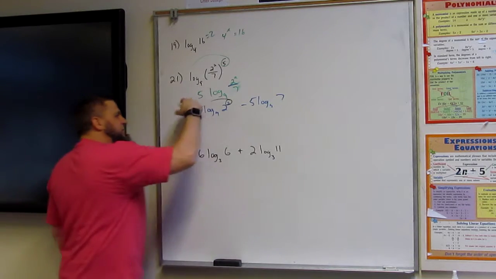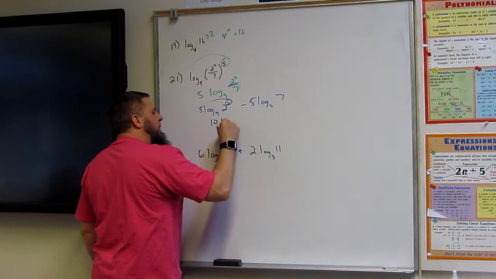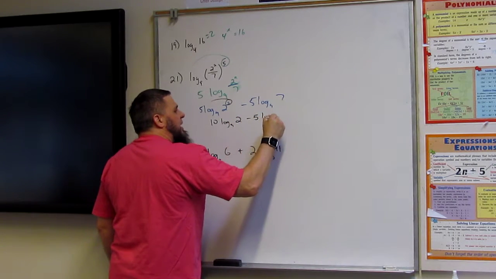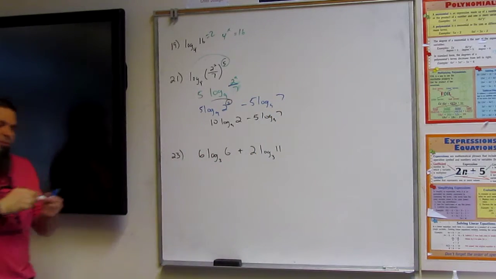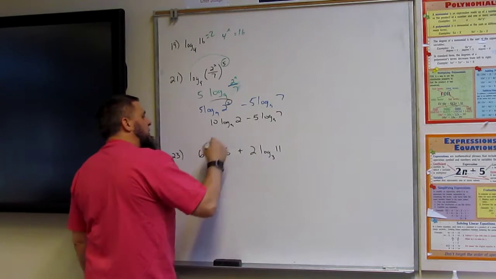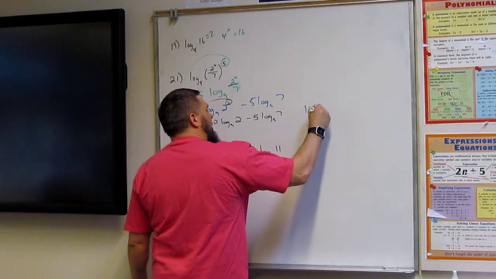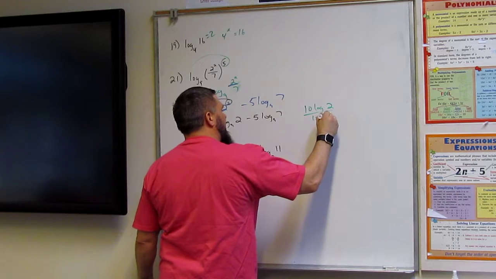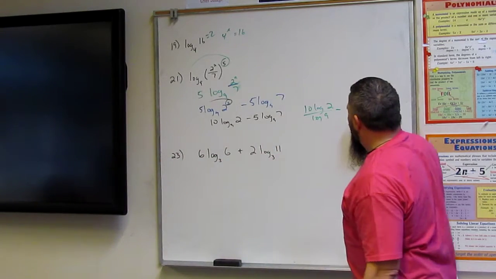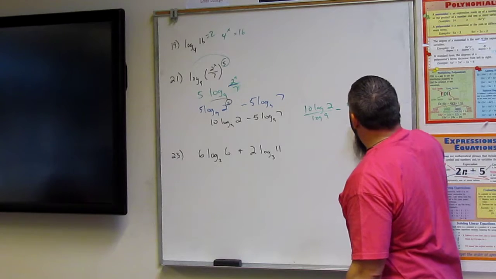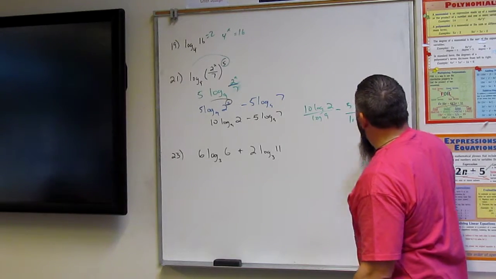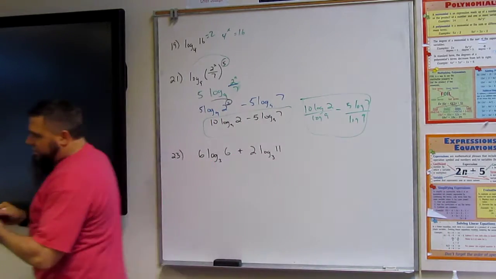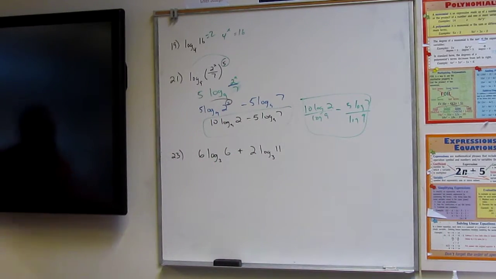So that 2 times the 5 is 10 log base 9 of 2 minus 5 log base 9 of 7. Okay? Now, if you want to get the extra point, that would be 10 log 2 over log 9 minus 5 log 7 over log 9. Done. Okay, so this is your extra point. This is what I'm looking for. Good to go. Okay? Now, that's expanding.